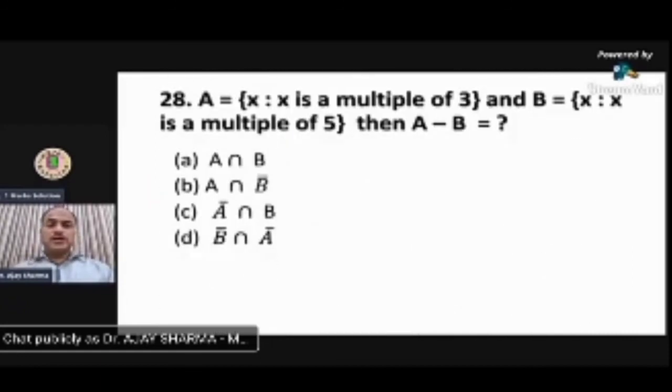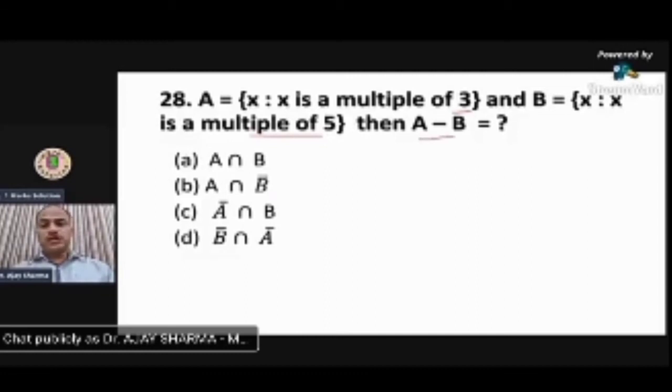28. A is the set of multiples of 3. You know infinite multiples of 3 are there, and set B is the multiples of 5. So infinite elements are there in set B too.